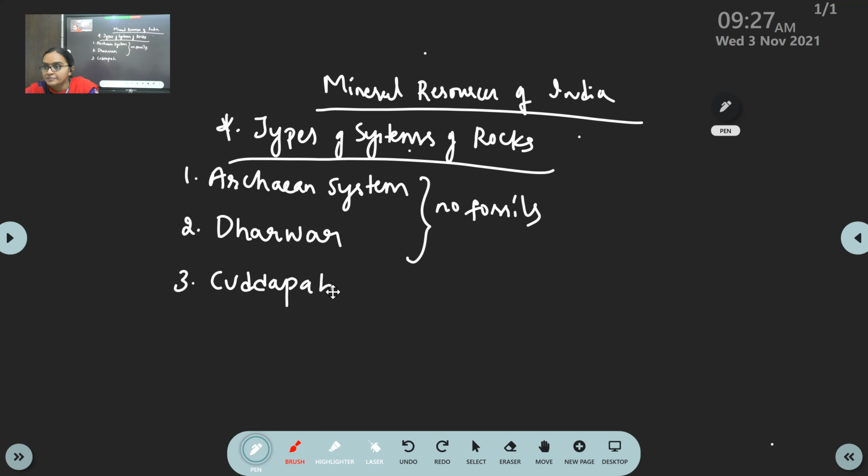Rayalaseema is a plateau made up of rocks. Note down. These rocks have been formed due to erosion and sedimentation of the Dharwad system of rocks.